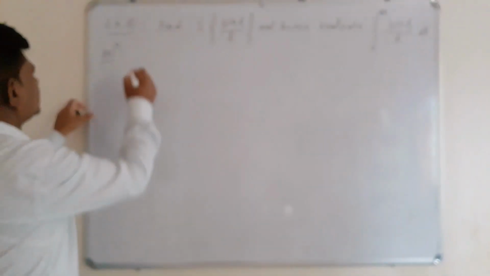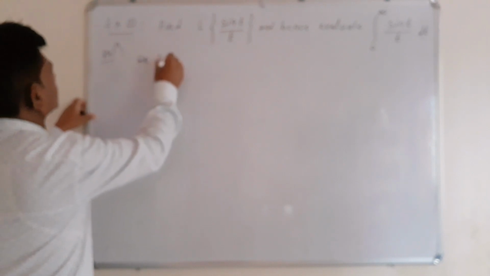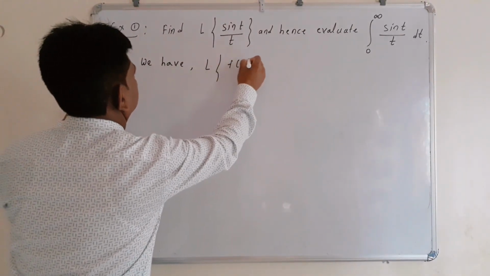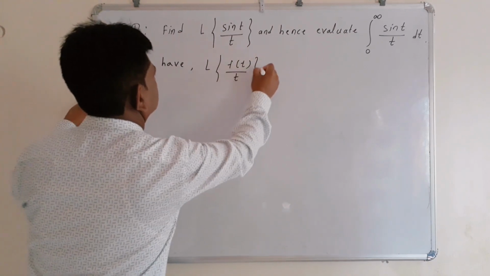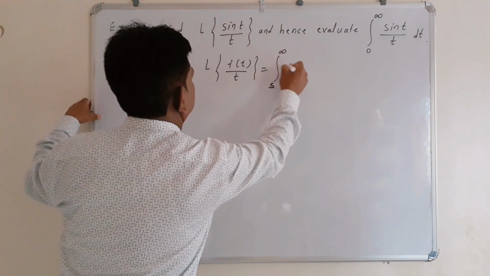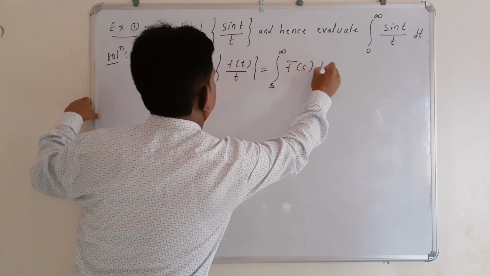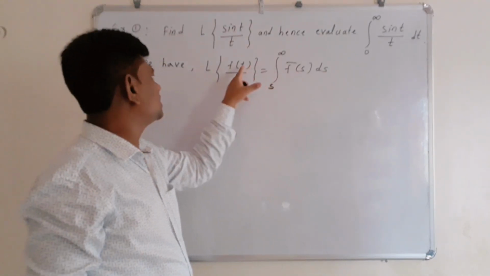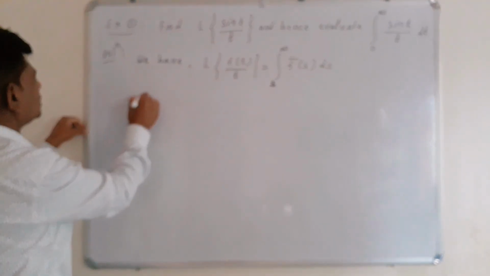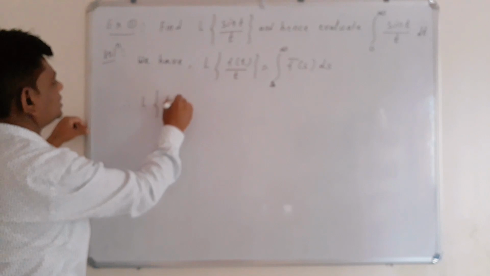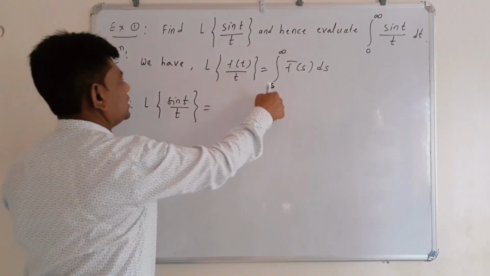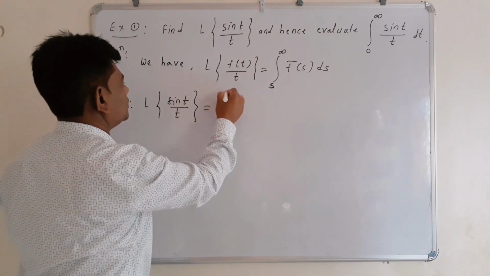Now we know that the Laplace transform of f of t by t is equal to the integration from s to infinity of f bar s ds, and this f bar s is the Laplace transform of f of t. Therefore the Laplace transform of sin t upon t is equal to the integration from s to infinity.